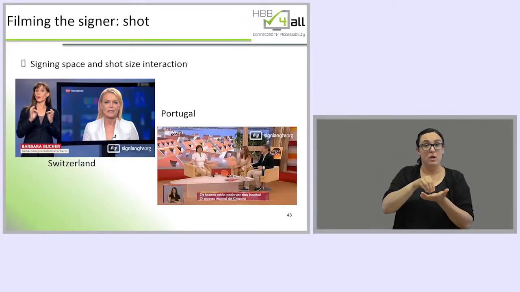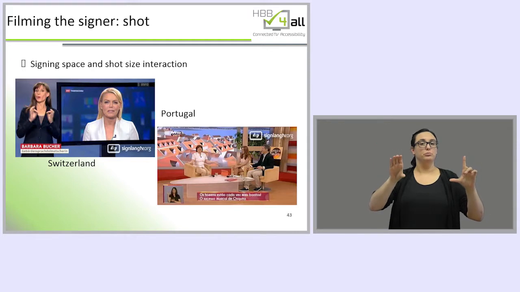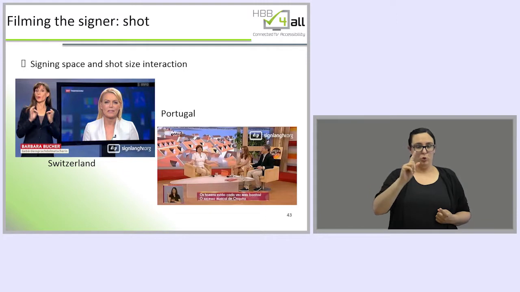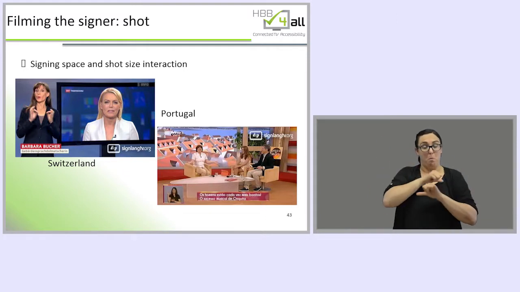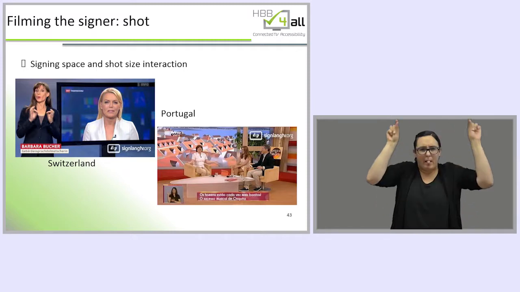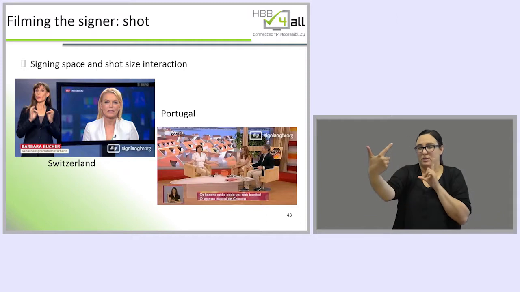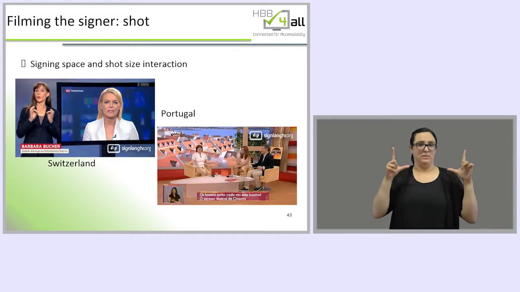Sometimes you will see that some interpreters on TV appear with mid shots rather than long mid shots, as we said would be the best practice. For example, on Portuguese TV, the interpreter has a very small box, so the professionals ask the cameraman to film them with a shorter shot so that the actual size of the hands and the face on screen can be a bit bigger.